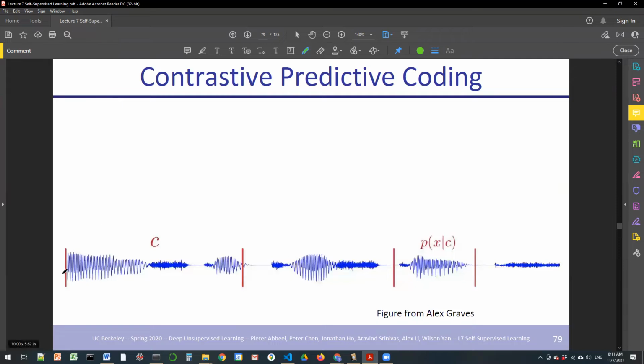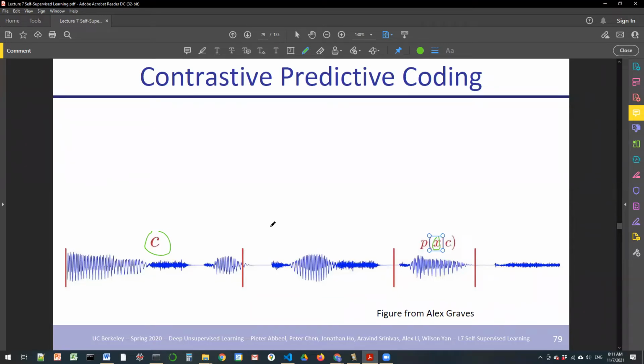So let's say we take an audio waveform, an audio signal, and based on a context audio signal, which is the past, we try to predict the future audio signal, which we can assume is X. We try to predict the conditional value of X, that is the value of X in the future with respect to the context.